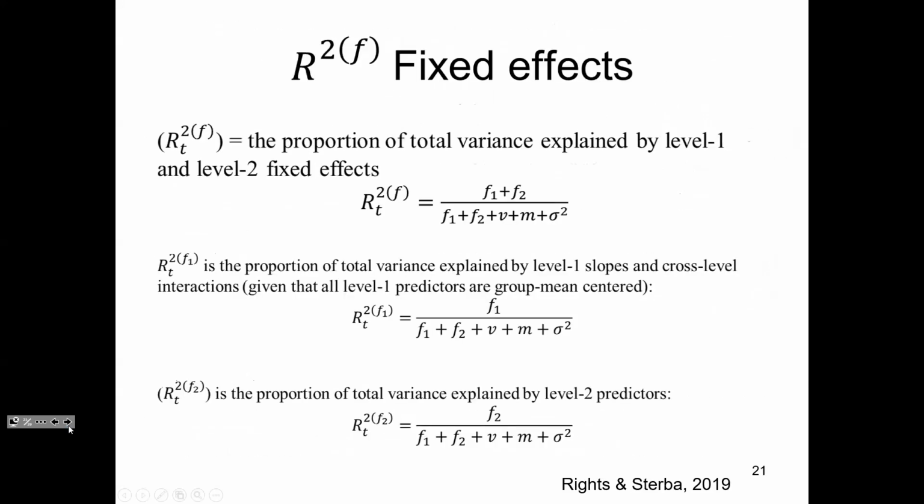They say you could have the proportion of total variance explained by the level 1 and level 2 fixed effects, or the proportion of the total variance explained by the level 1 variables, or by the level 2 variables. And of course, you could ask what proportion of variance is explained by the randomly varying intercepts or the randomly varying slopes. So they come up with, I forget how many, different R² measures.